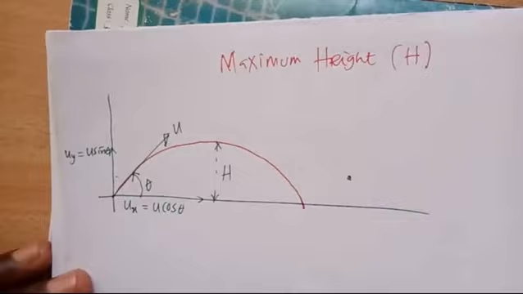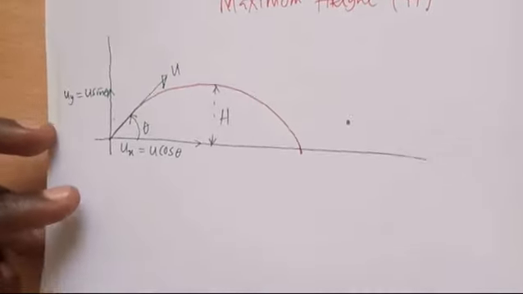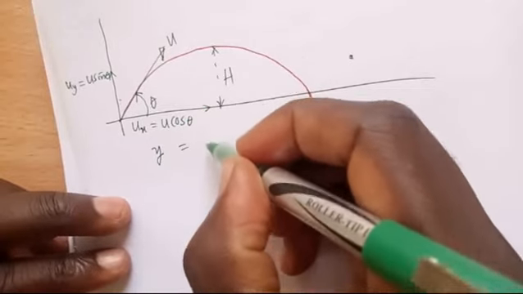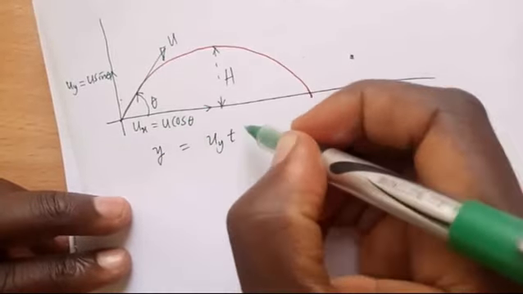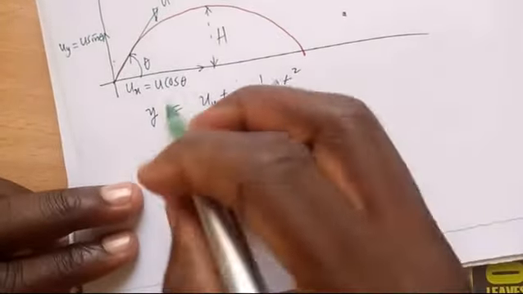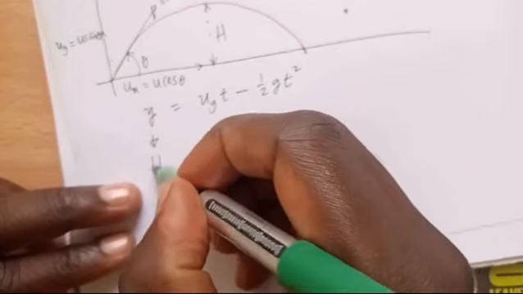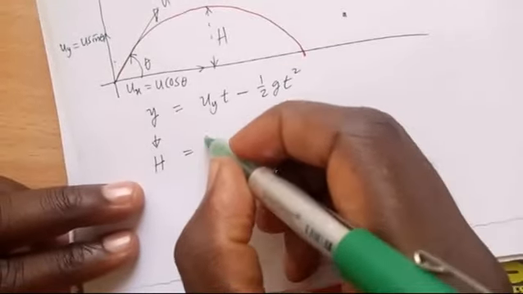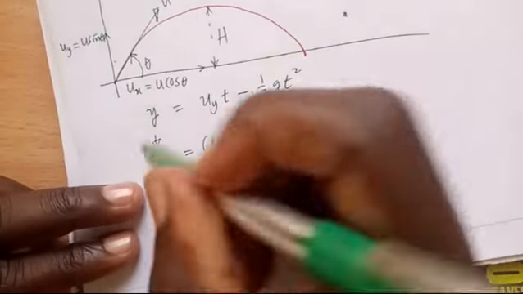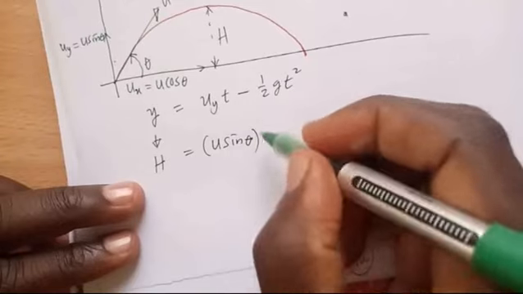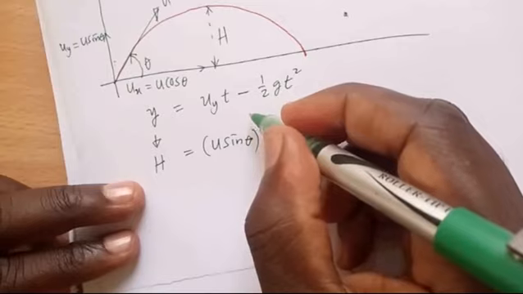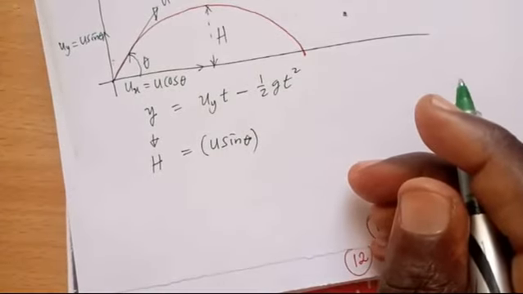Remember the formula that gives you the vertical distance at any given time is y is equal to u sub y t minus half g t squared. Now at maximum height, your y is capital H, and this is equal to u sub y, which is u sine theta as it is here, multiplied by the time taken to reach the maximum height.